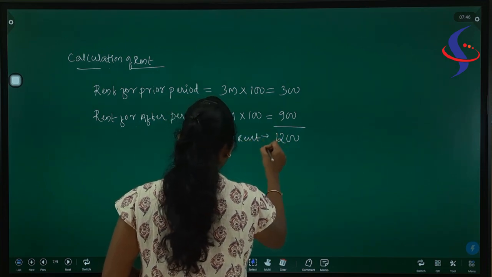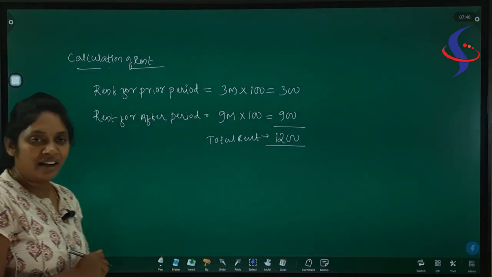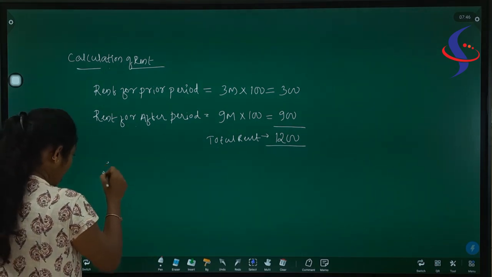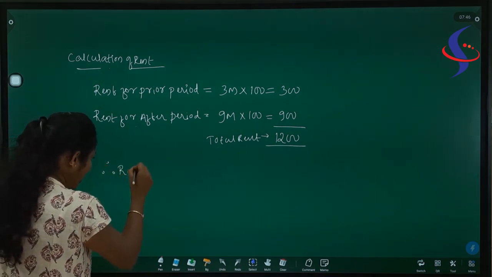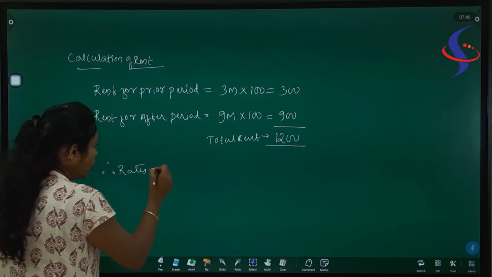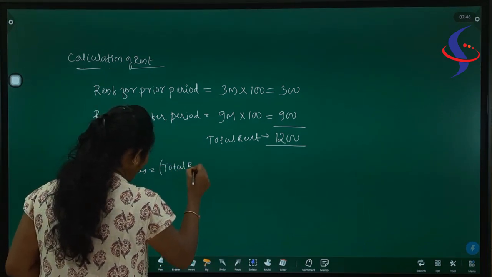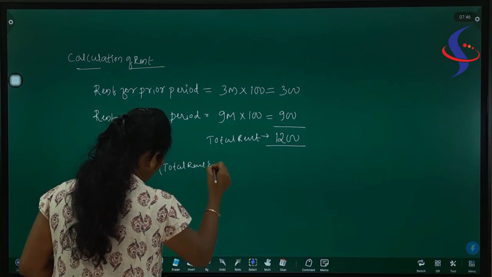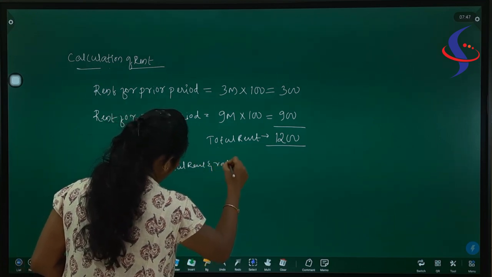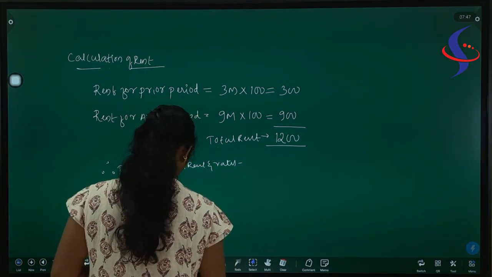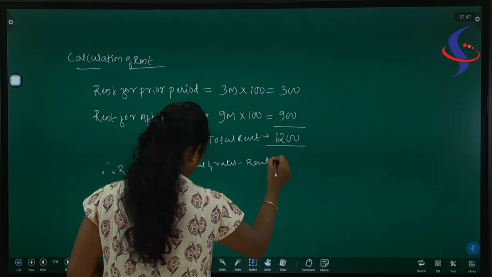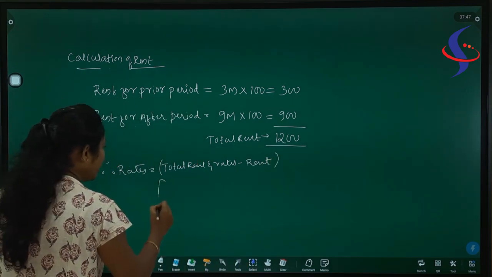There are two things in that, rent and rates. Therefore, now it's time to calculate rates. Rates is equal to total rent and rates minus rent. Where will you get total rent and rates?